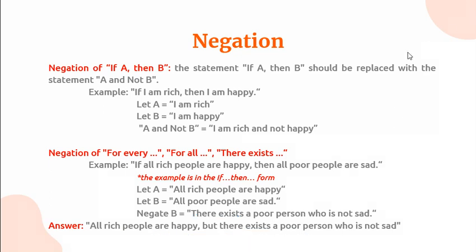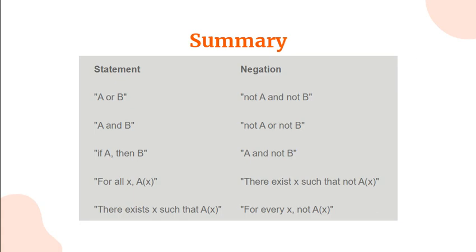Next, here is the summary of the connectives, for the statement A or B. If negation is applied, the statement will become not A and not B. And for the AND, the negation will be not A or not B. For if and then, the negation is A and not B. And if the statement is for all x, A of x, it will become there exists x such that not A of x.